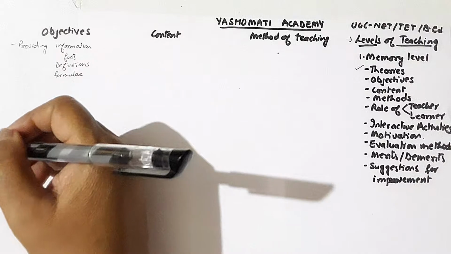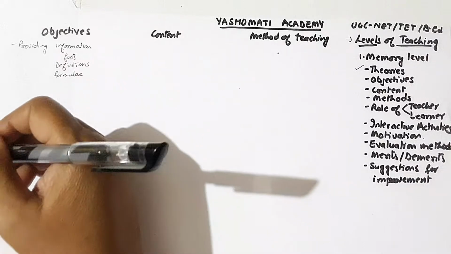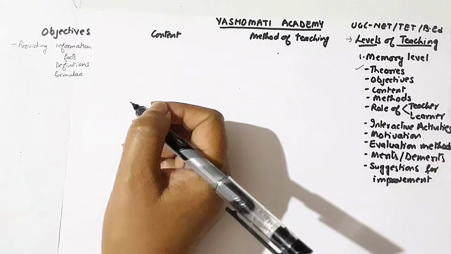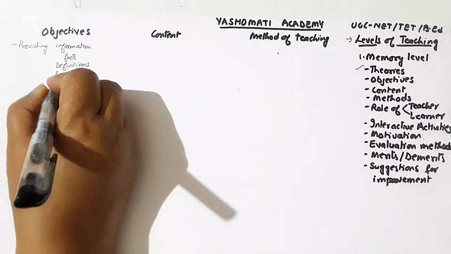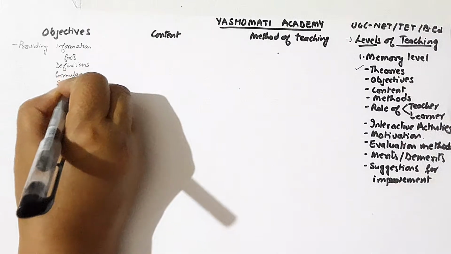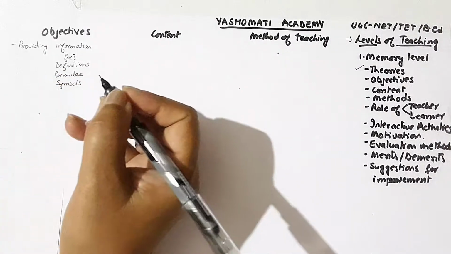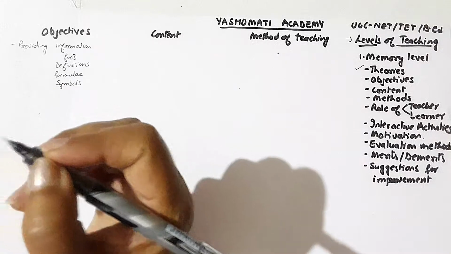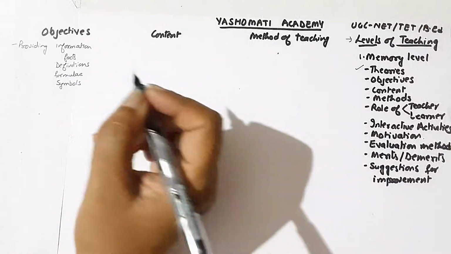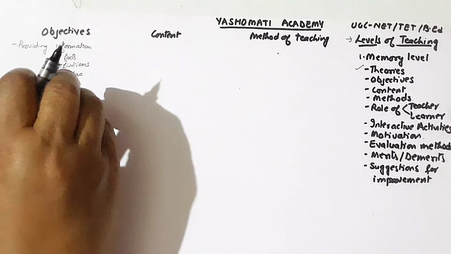So we want the learner to memorize certain formulae so that he can apply them at the right time. Similarly, in sciences, they have to learn certain symbols, notations, or certain formulae which are related to chemical substances and so on, which are also a fixed kind of knowledge.